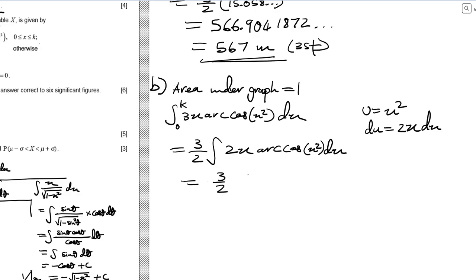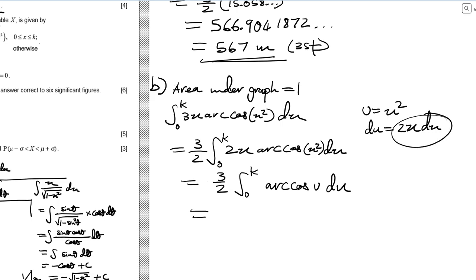So that's 3 over 2 integral, again, 0 to k of arccos of x squared, which is u, and that's du, right?